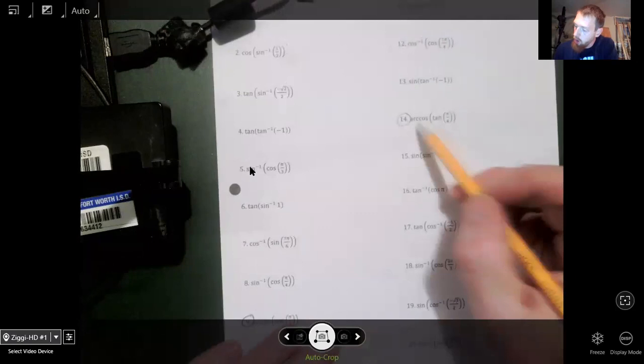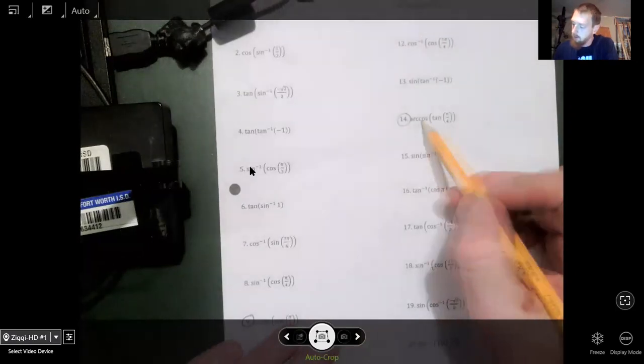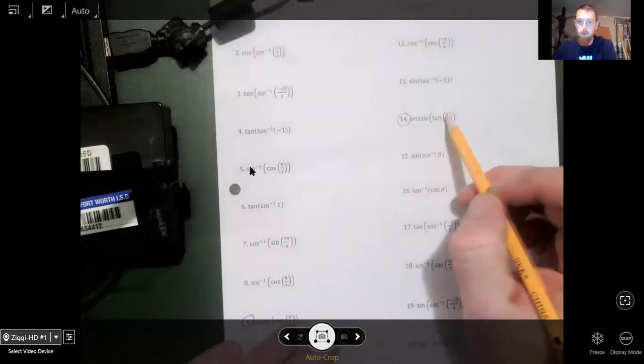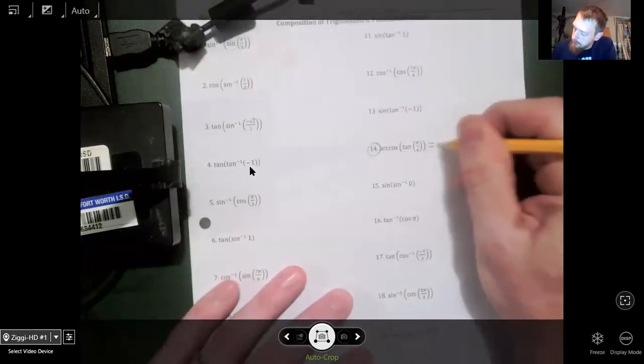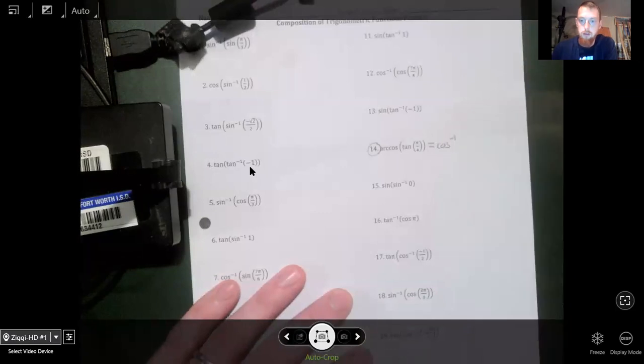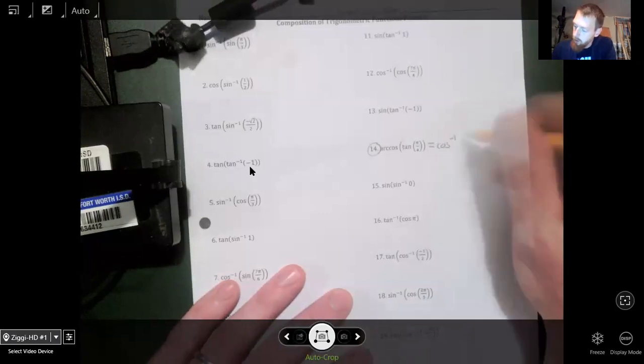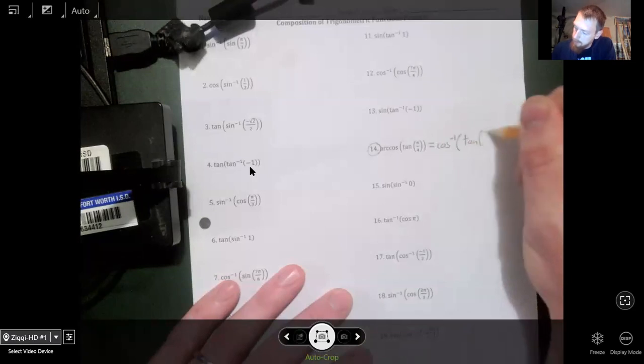14 says the arc cosine of tangent of pi over 4. Arc cosine is just a different terminology for the inverse cosine. So we're going to rewrite this problem like this.